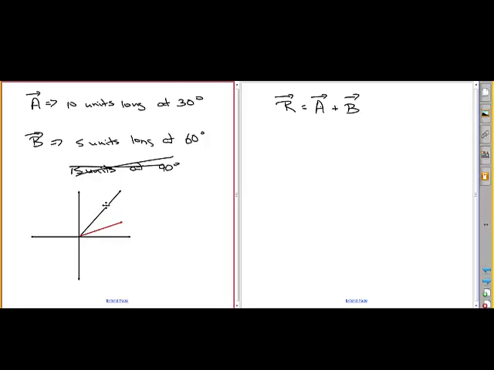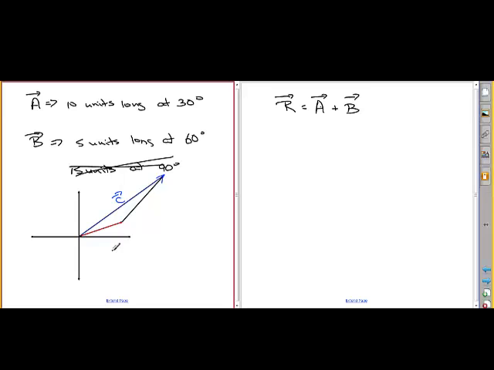So what you do is you take the first vector, put it at the origin, take the second vector, and put the tail of the second vector at the tip of the first vector. And then the resultant vector goes from the tail of the first to the tip of the second. So that's the resultant vector.